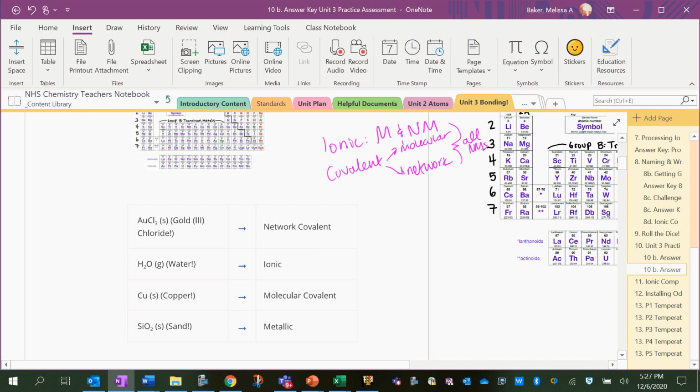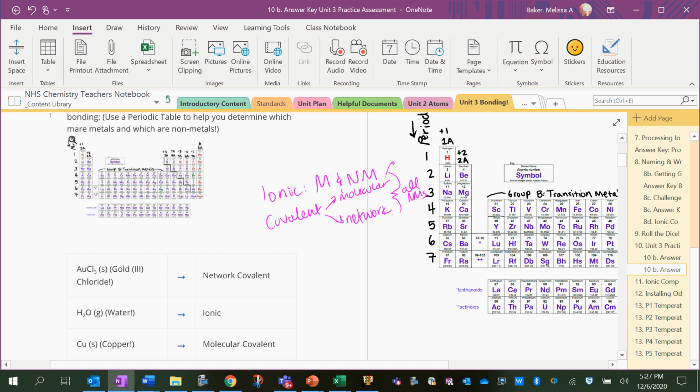So how do you tell them apart? The molecular covalent are typically gases, liquids, and sometimes solids. But if they're a solid, then they're a soft solid or they dissolve in water kind of solid. Versus network covalent is a very hard solid.